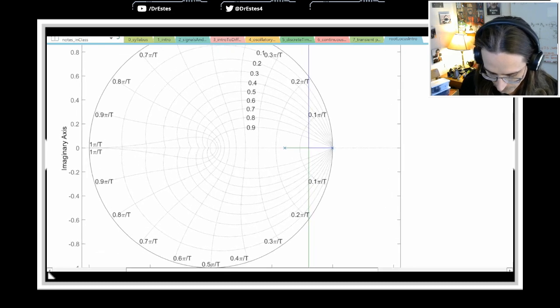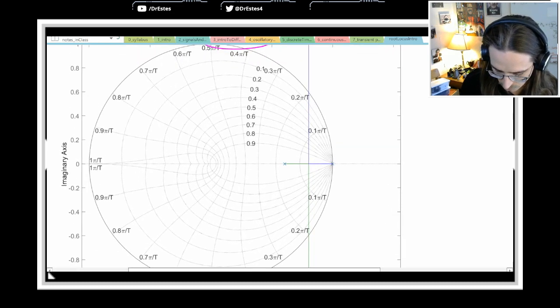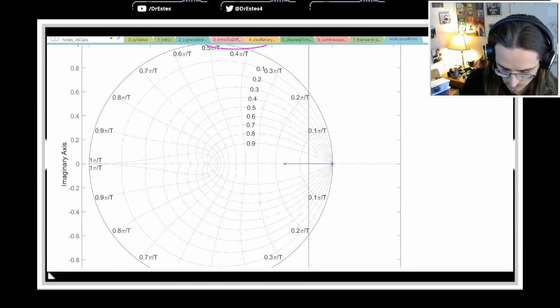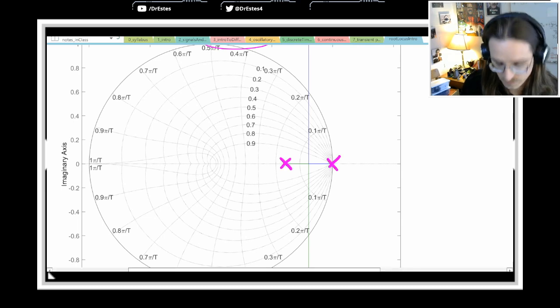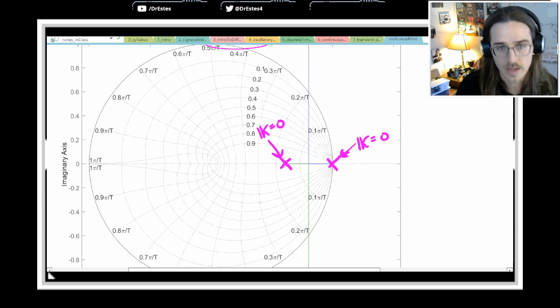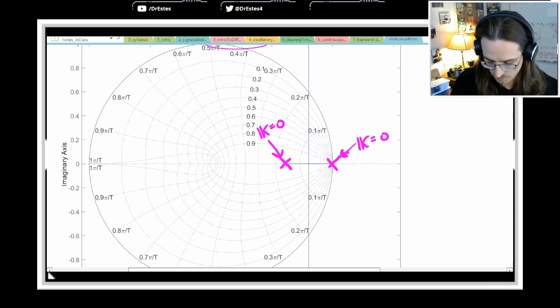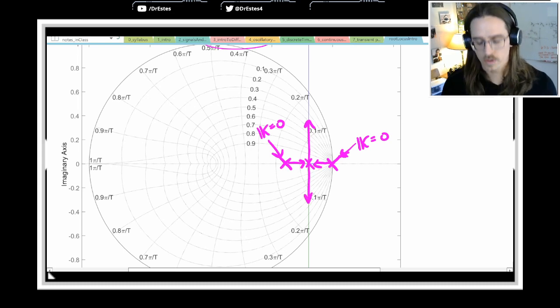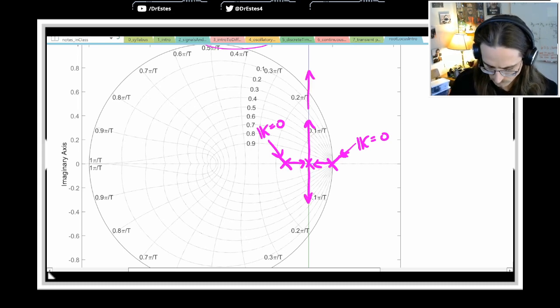So actually the root locus, maybe if I colored this in a little bolder, these are the poles for your closed loop system when K equals 0. And we know as we increase K, well, this pole moves this way, this pole moves this way. Eventually they meet together, and then they grow apart once more, and they move along this path.